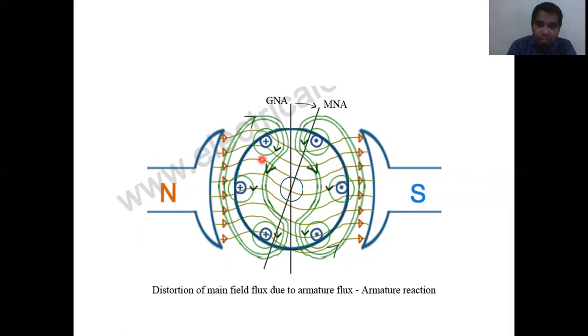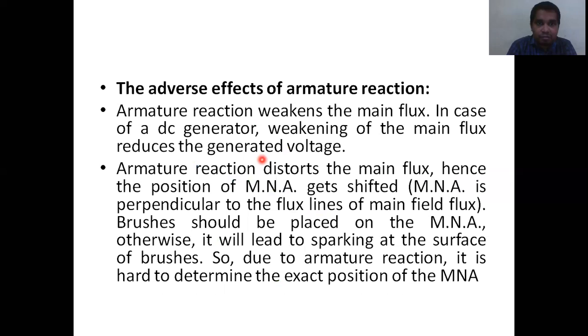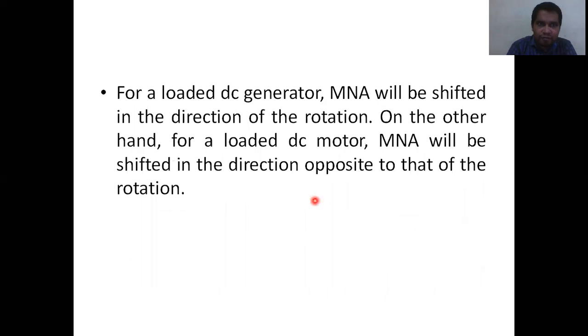That's why it has to be minimized, or should not be present. So what about the effect of armature reaction? The armature reaction weakens the main flux and distorts the main flux. So how can we reduce this effect?